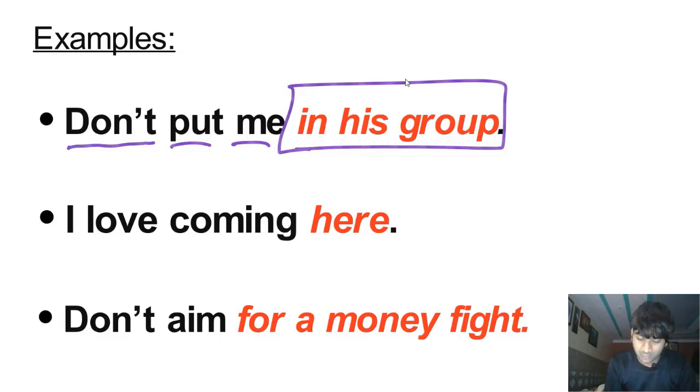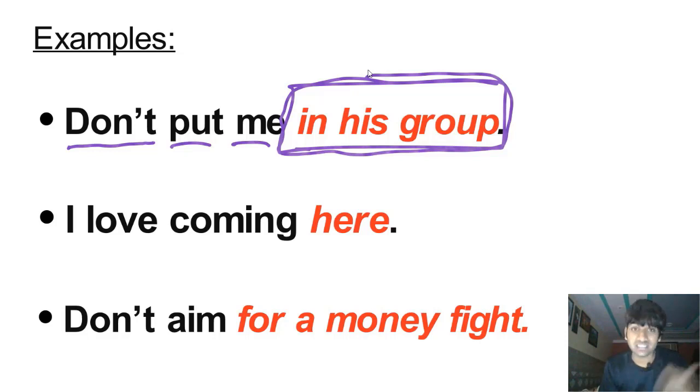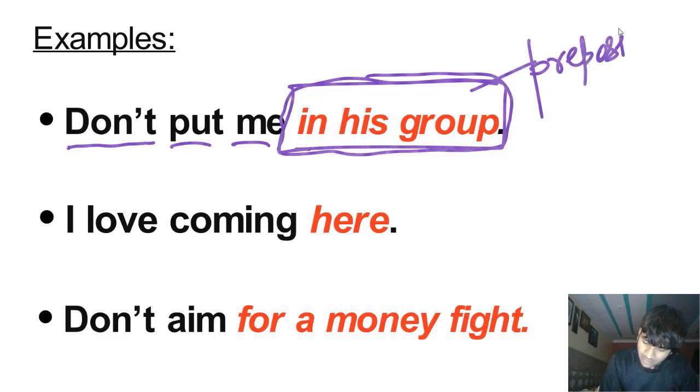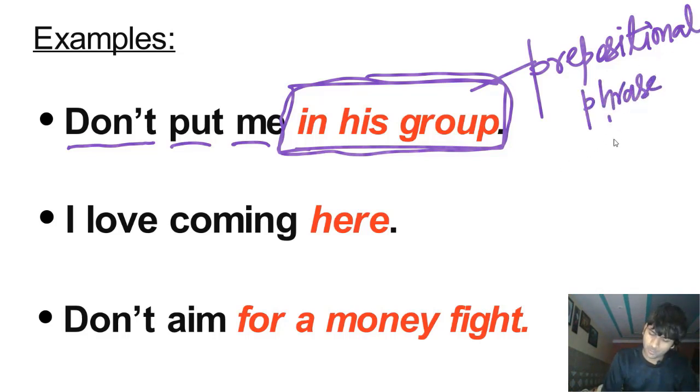Now if I take this part I'm talking about, if I take this adverb, which is adverbial, not a regular adverb, it is a prepositional phrase. See, it is a prepositional phrase working as an adverb.